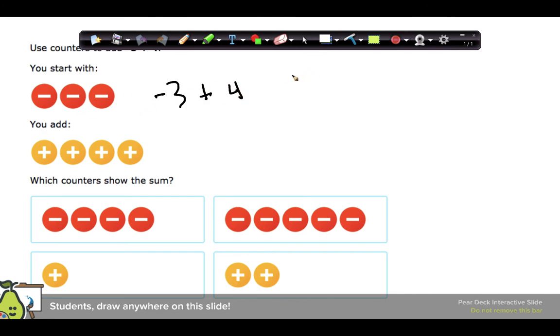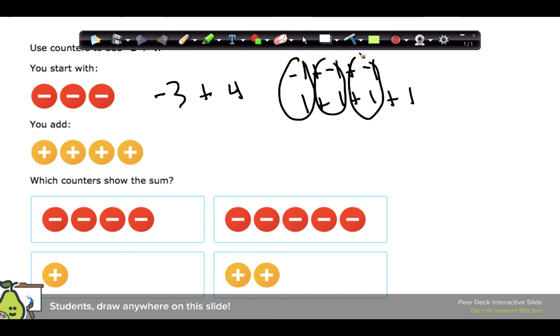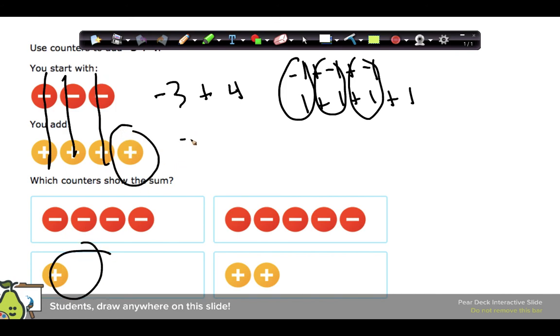So we could think of this as negative 1 plus a negative 1 plus a negative 1. There's our negative 3 combined with 1 plus 1 plus 1 plus 1. And that's 0, that's 0, that's 0. And the answer's 1, because we have 1 positive left over.